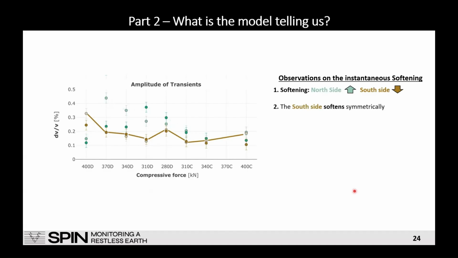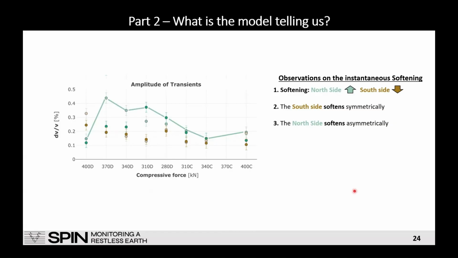But also, we can notice that the south side softens symmetrically under decompression and compression. This is also interesting because this gives us information about how the kinematic damage is happening in concrete at different integrity levels. And in the north span, where the structure softens more, this is happening mostly asymmetrically.